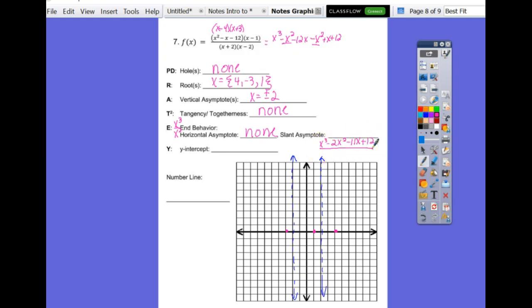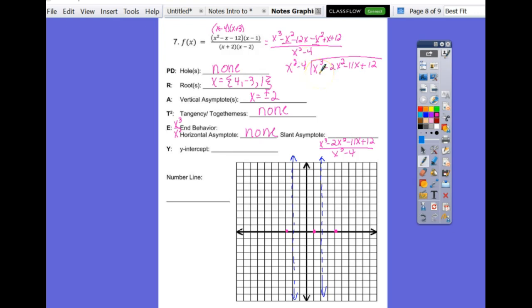And then on bottom, if I multiply these two together, I get x squared minus 4. So this is not a candidate to do synthetic division. You're going to have to do long division for this one. So I do x cubed minus 2x squared minus 11x plus 12 divided by x squared minus 4.